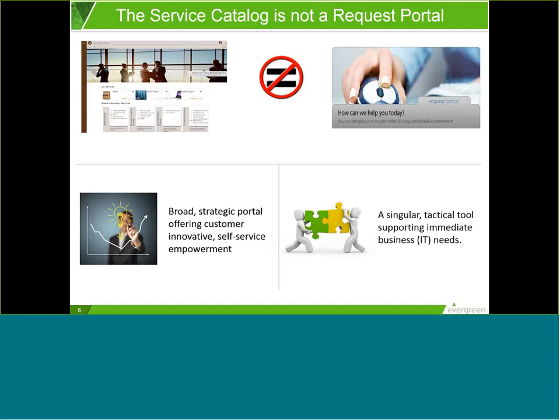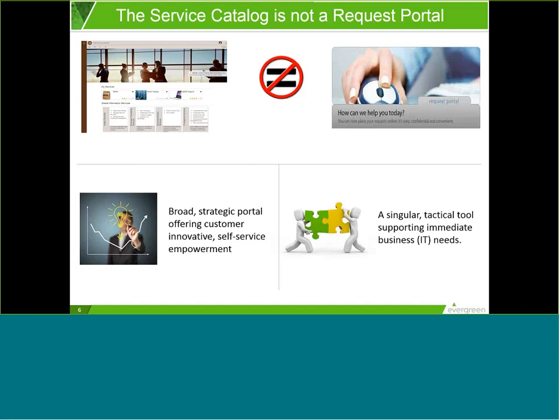Today I want to talk about why the Service Catalog is not a request portal. As Don mentioned, many of the more than 400 attendees at our one-day Service Catalog workshops around the U.S. asked the same question: what's the difference? Well, the Service Catalog really should identify services that are based upon what the business wants and give the business customer the power to solve problems.